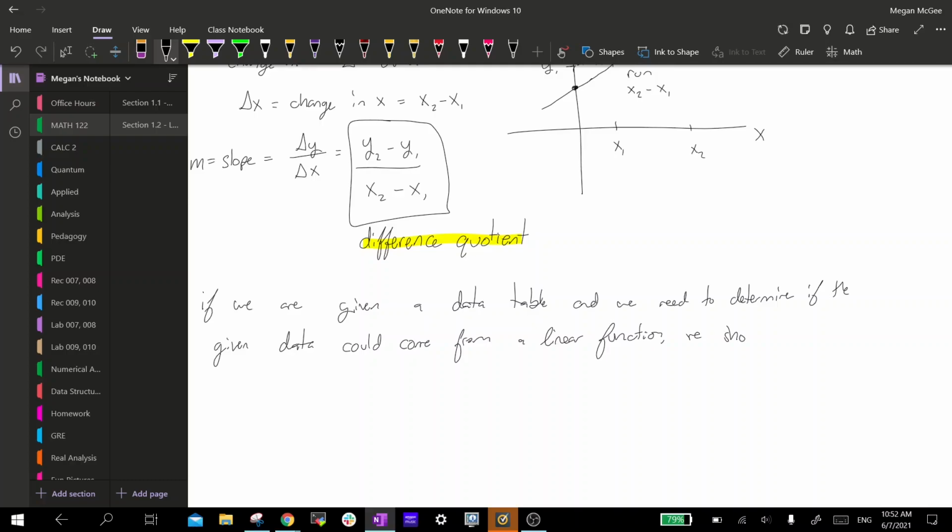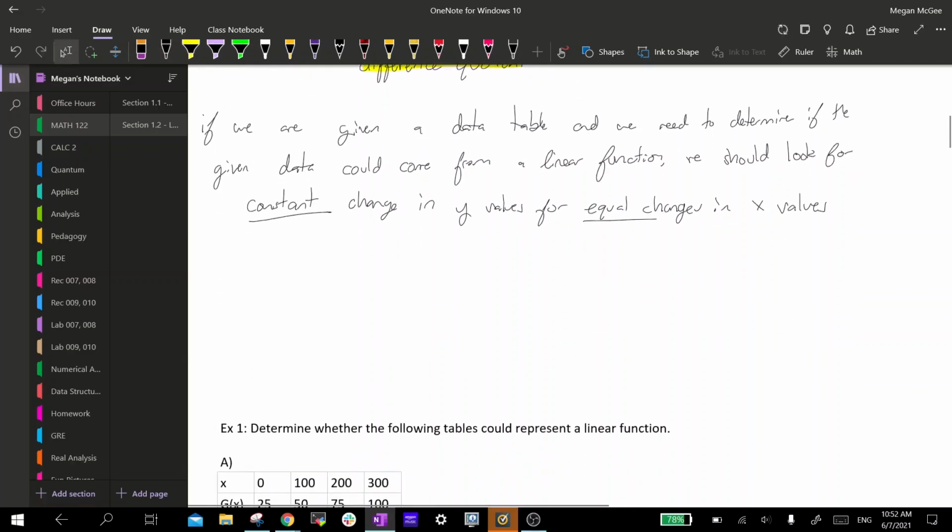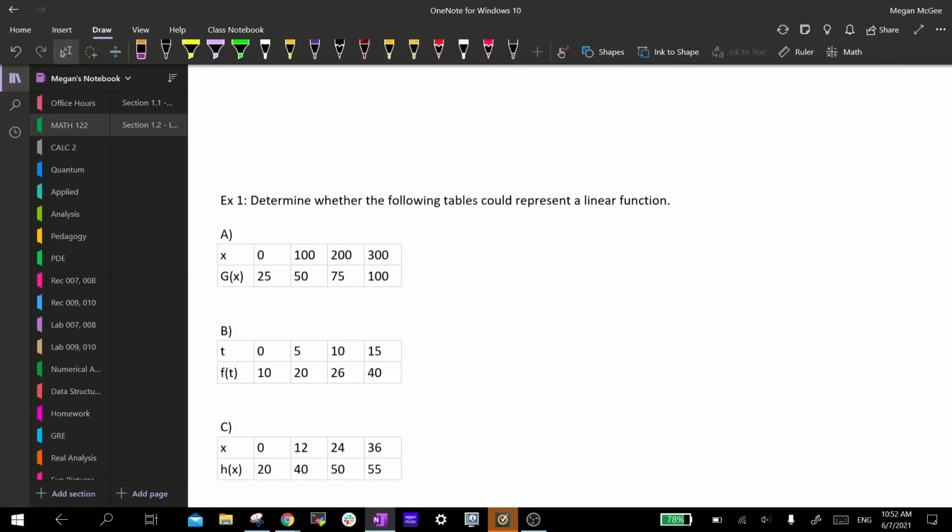We should look for constant change in y values for equal changes in x values. Alright, so now we'll jump into our first example, which is looking at these tables.